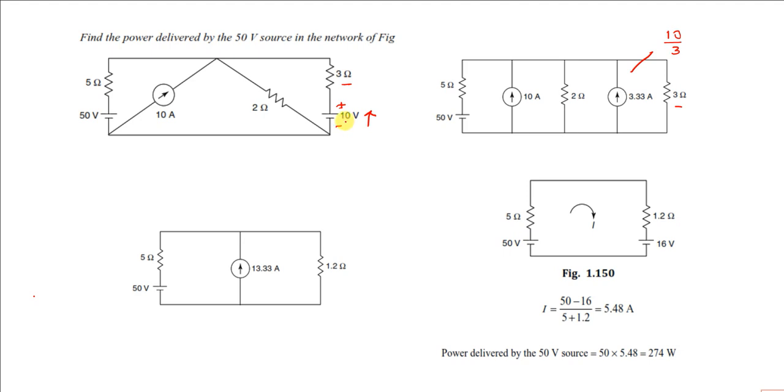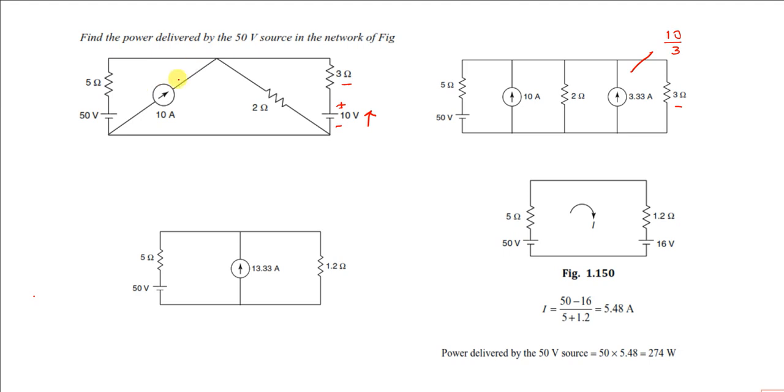The value of I is voltage by resistance, that is 10 by 3 here, so it is 3.33. The arrow mark is important: it is always towards the plus, from minus to plus. So I'm writing the arrow mark at the top here because plus is at the top here, and the same 3 ohm you have to connect in parallel.